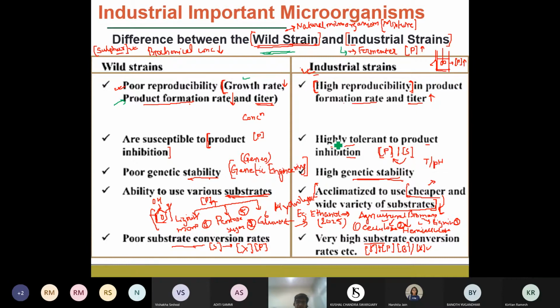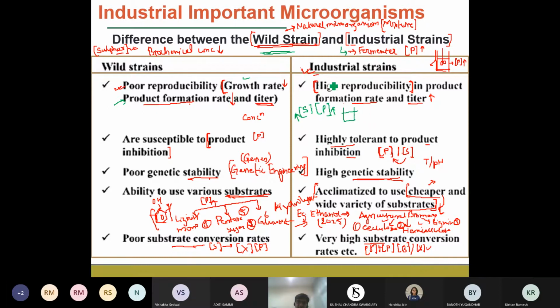One of the main challenges we have seen is that whenever a product is produced, or for example when a substrate somehow inhibits growth, a higher concentration of the substrate and the product in the fermentation media is going to hamper microbial growth.